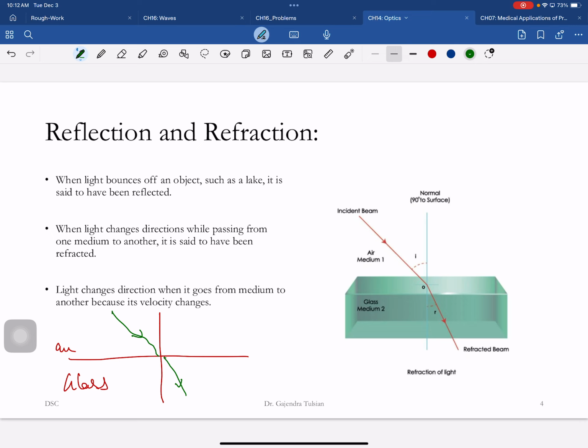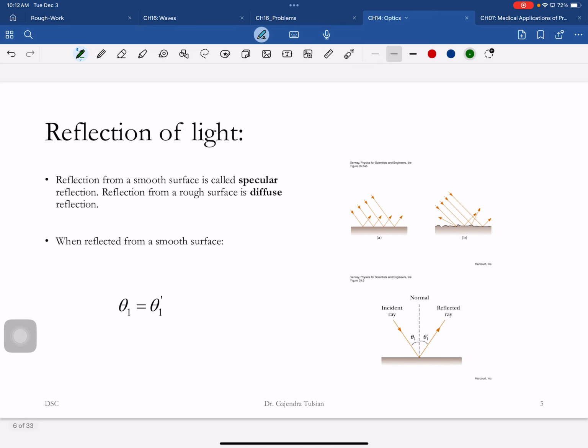And if you did the opposite, if it started from glass, since it was traveling slower there than in air, it'll bend away from the normal. So this is called refraction: the bending of light when it travels from one medium to another, its change in direction, is called refraction.